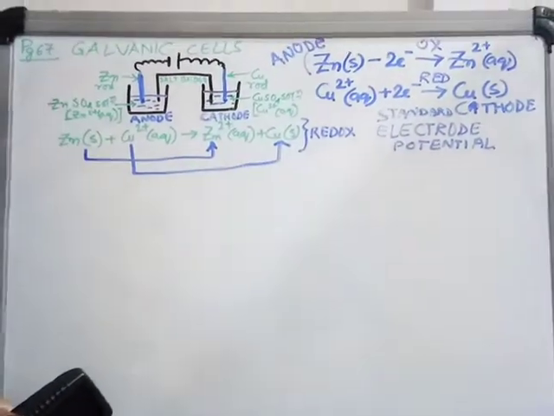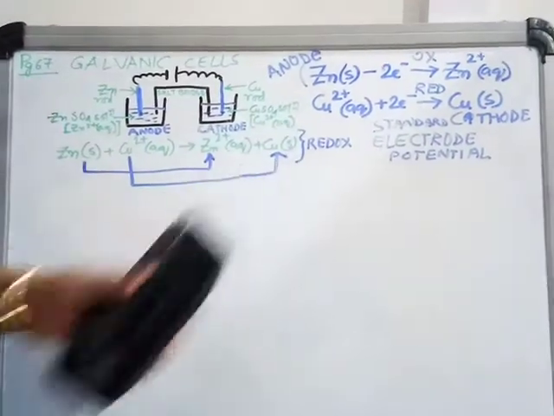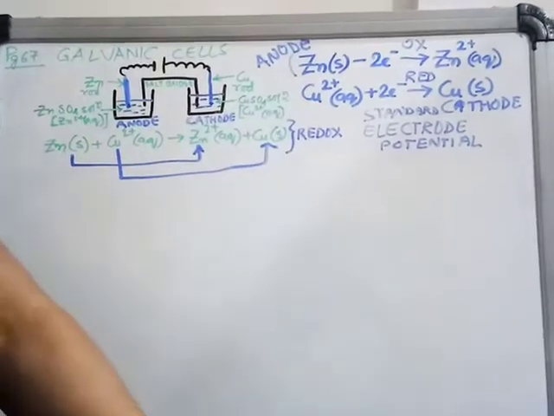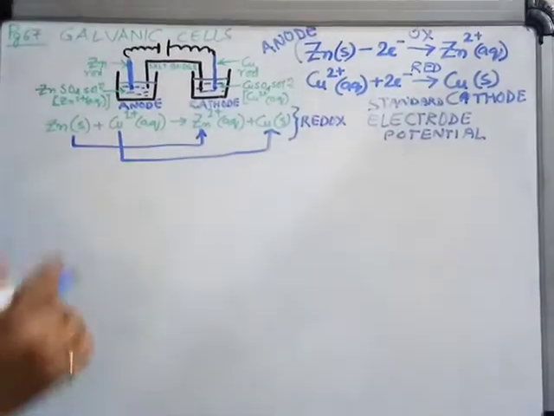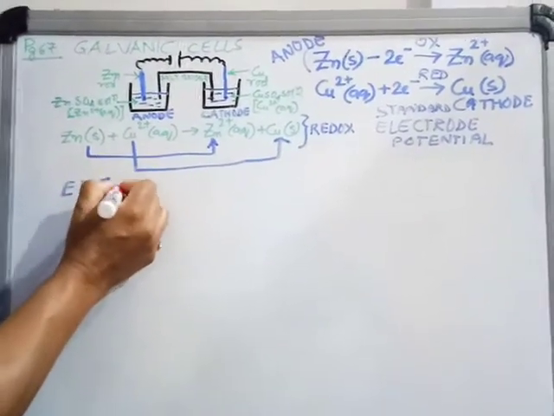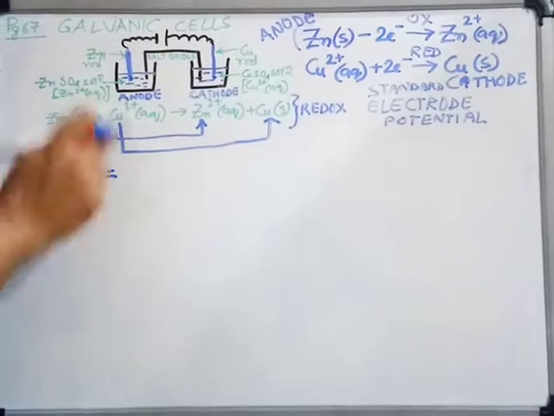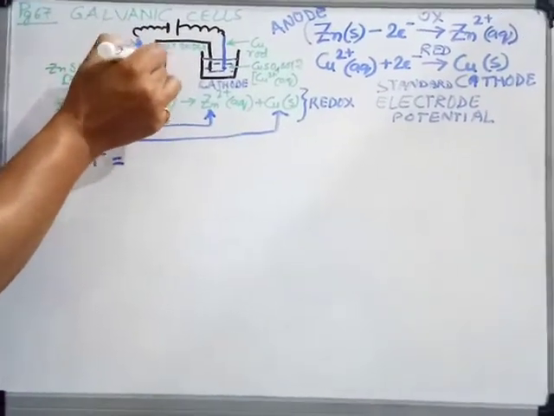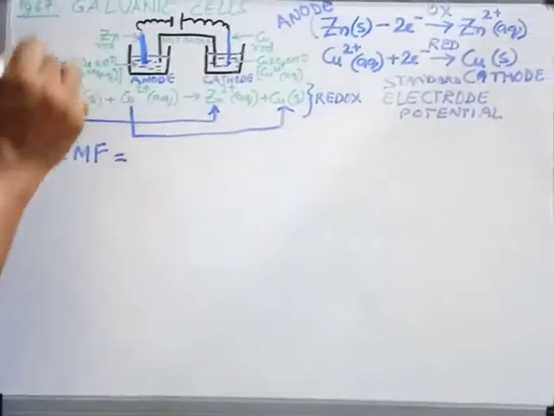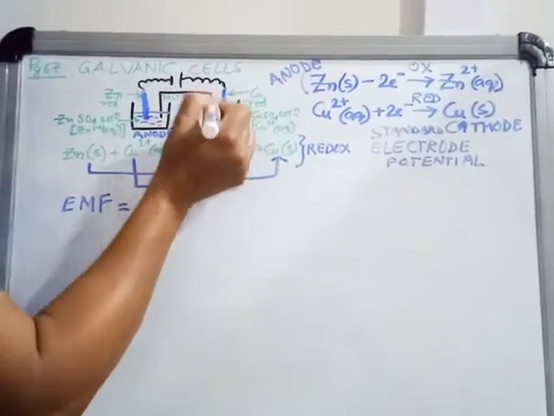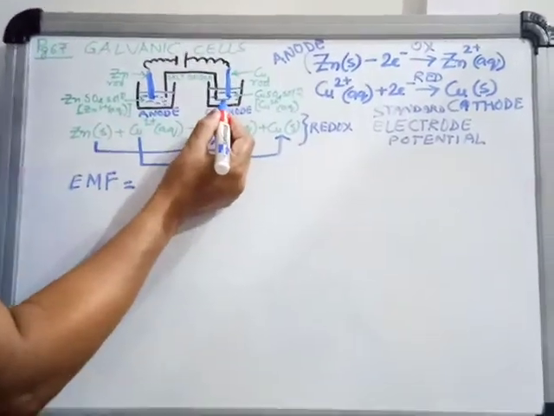Now, taking the help of the Daniell cell equation, I am going to explain what is the meaning of cell electromotive force, or EMF, and how to calculate it. We said already that this electrode in connection with the electrolyte gives you an electrode potential. This electrode also in connection with this one will give you an electrode potential.